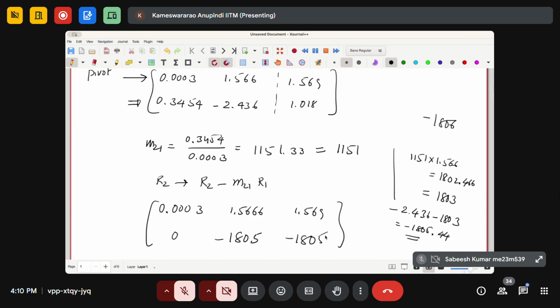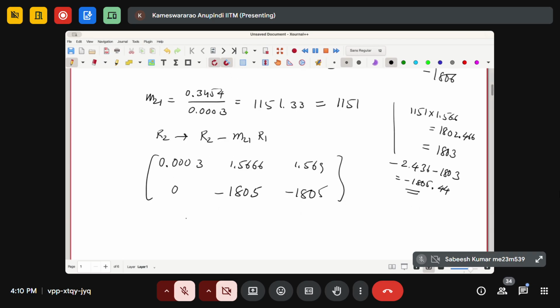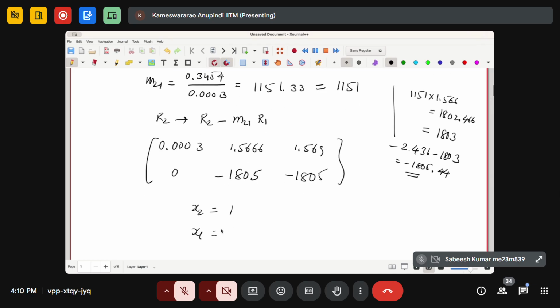So that's going to give a value of x2 as minus 1805 divided by this one. That's going to give you a value of 1. And the value of x1 will come out to be, again, you can multiply this with 0.0003 x1 plus 1.566 times 1 equals 1.569.